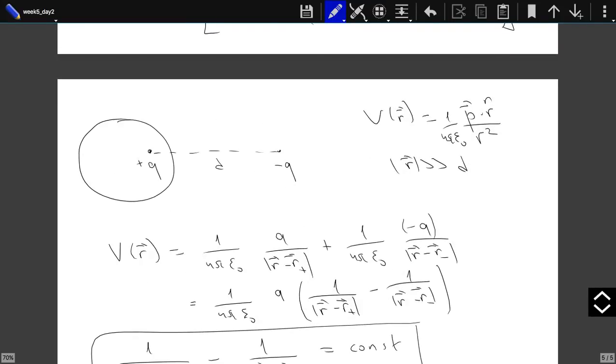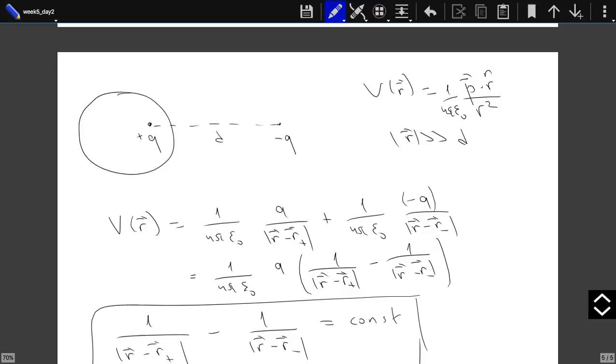Now let's just choose some points. Let's say that r plus is at 0. I can choose my coordinate axis any way I like. And r minus is equal to d in the x direction. This is x, this is y.